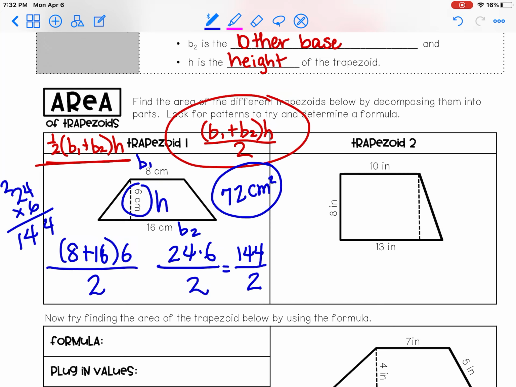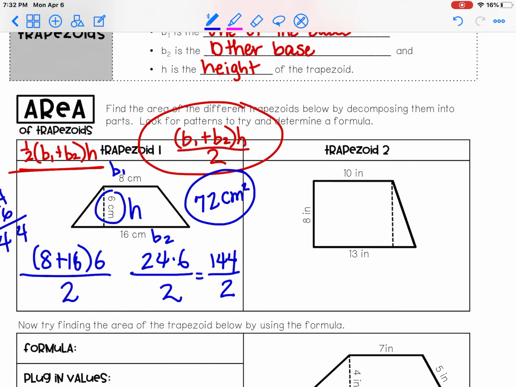All right, let's do the same thing with trapezoid 2. We're going to use this formula, B1 plus B2 times H divided by 2. The top one we're going to call B1. The bottom one we're going to call B2. Doesn't matter if you flip those around because you're just adding them, and 10 plus 13 is the same thing as 13 plus 10.